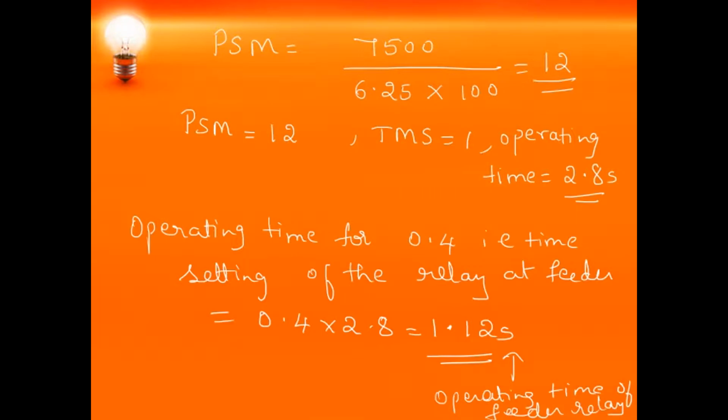Next, we have to find the minimum plug setting of the transformer relay, and the time setting also. For the transformer end, first we will find the overload current, because it is made to operate with a 25% overload.